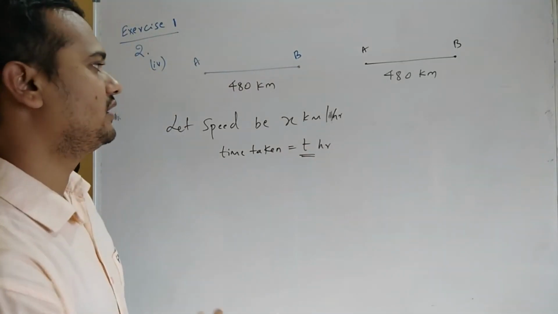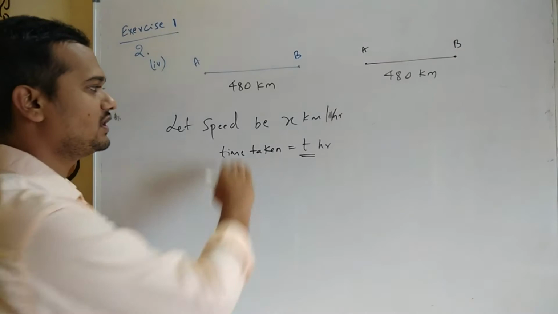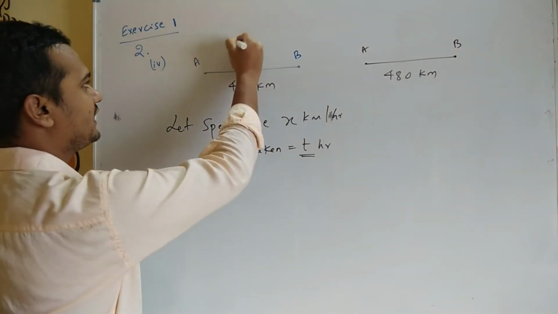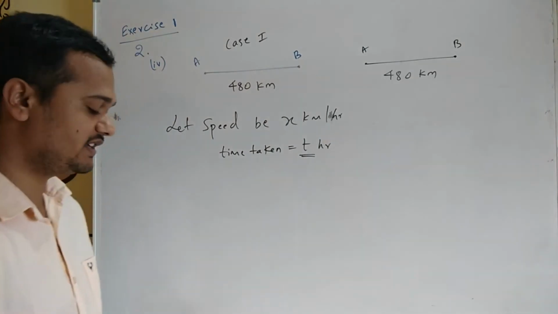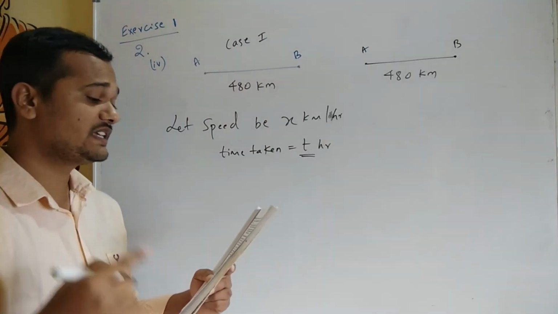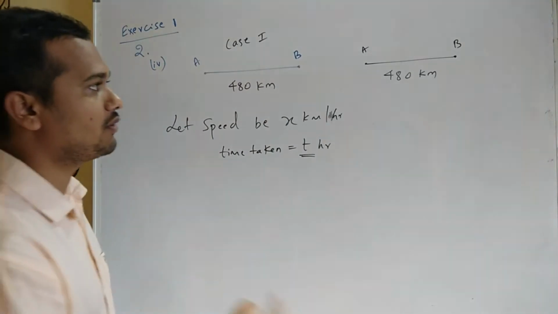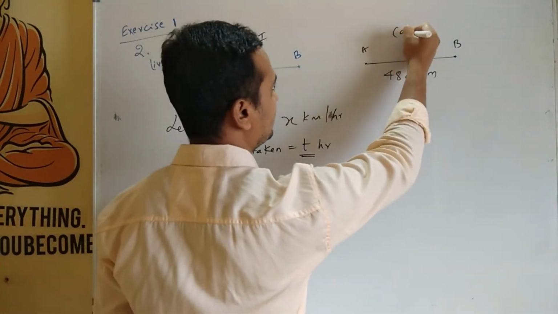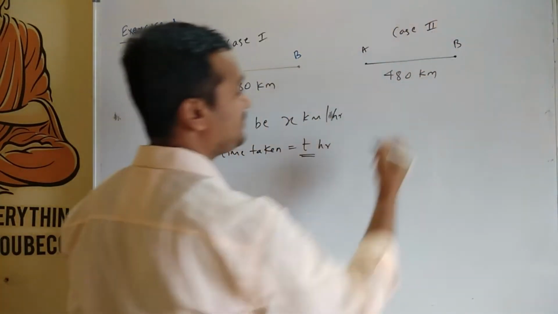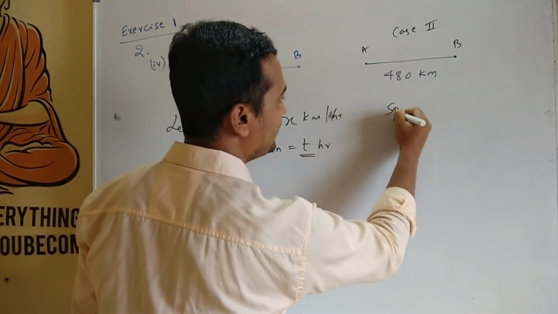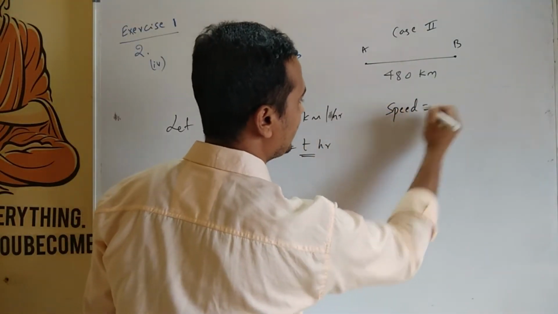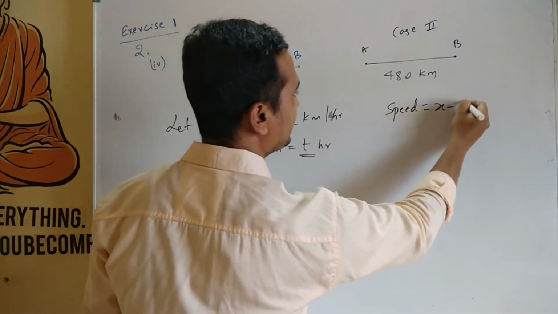There are actually two cases in the problem. This is the usual one, that is case 1. And what is the second case? See the second sentence: if the speed had been 8 km per hour less. So what will be the speed in the second case? x minus 8.